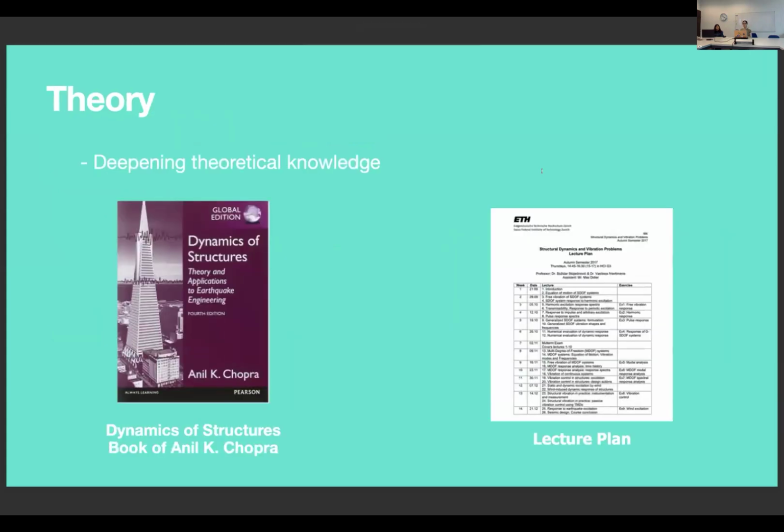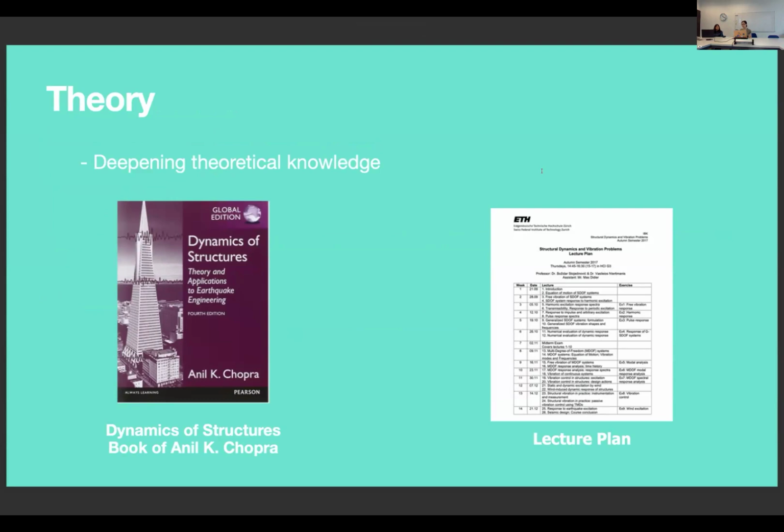So quickly, I will just talk about the theory. We all know the theory behind the dynamics of structures. As I'm a master's student, it was quite new for me, so I had to go through some materials like the lecture notes, the courses at ETH, and the dynamics book of Chopra.